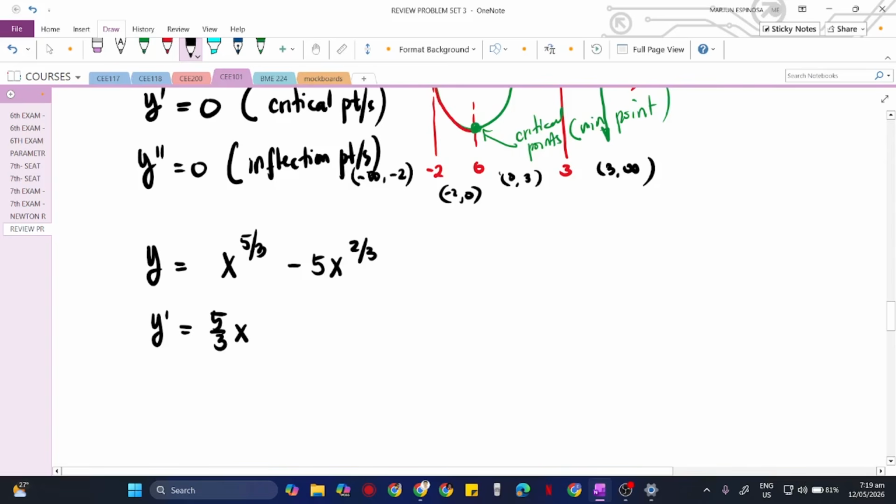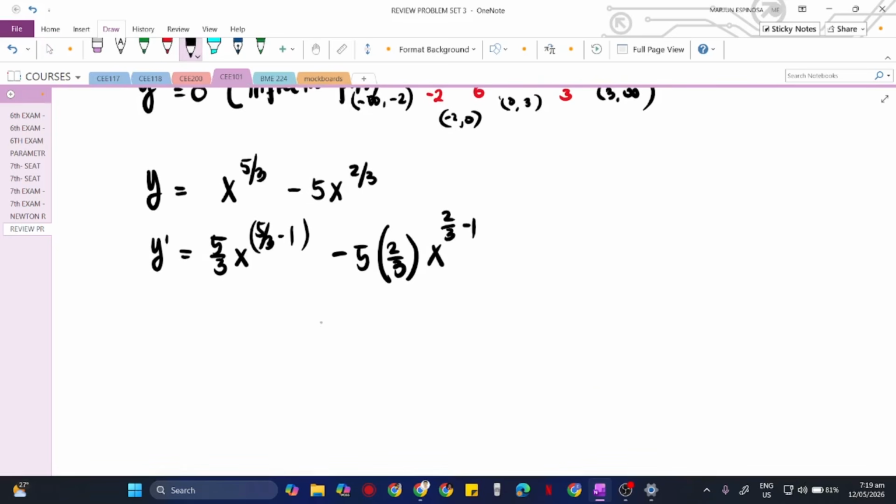And that would give us x, then 5/3 minus 1 or minus 3/3. That would give us 2/3. Okay, sulat ko pa. Minus 5. Then bring down natin yung 2/3. Then that would give us x to the 2/3 minus 1. Okay?